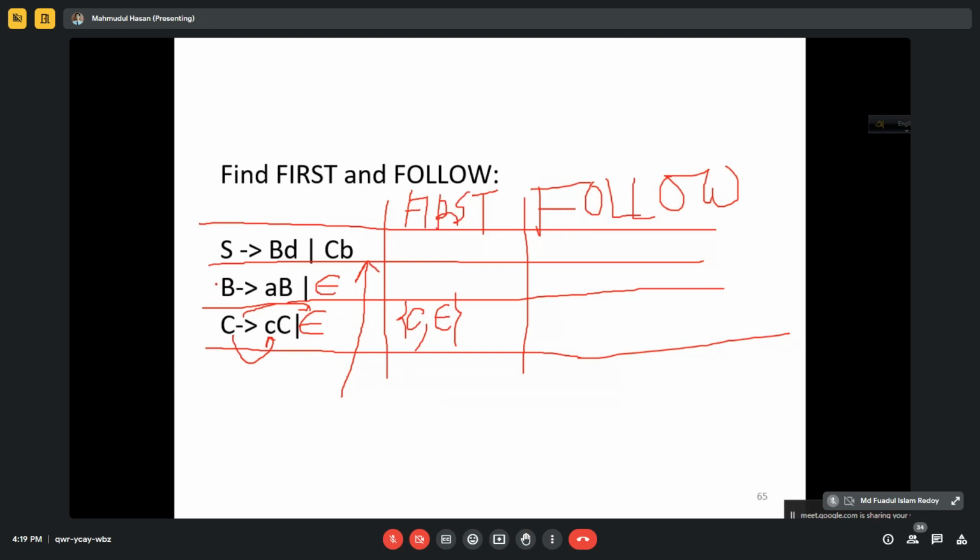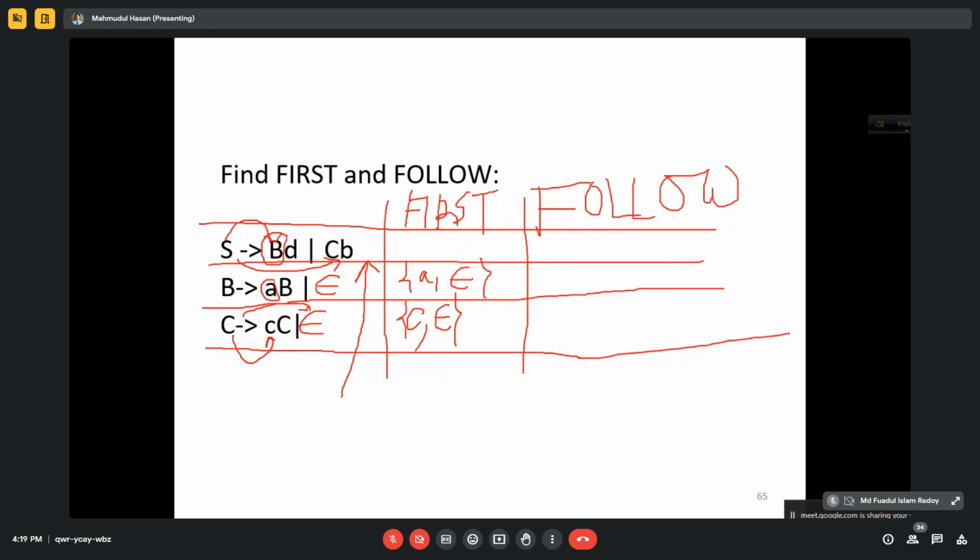If you think about the first value of B, we always need to look at the leftmost of the right hand side in case of first value. In the case of B, this one is terminal, so this one is the first value of capital B. In the same way, epsilon. Now first of S. If you think about first of S, there are two, that is B and capital letter C. Capital letter B is non-terminal.